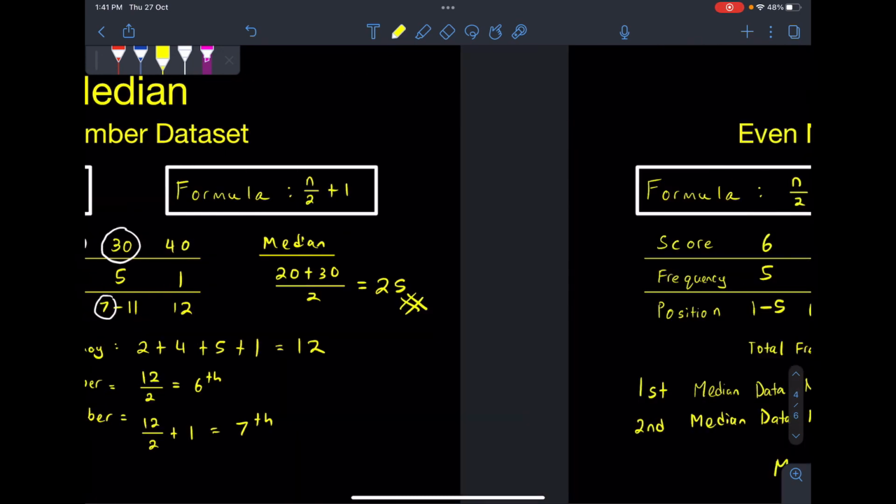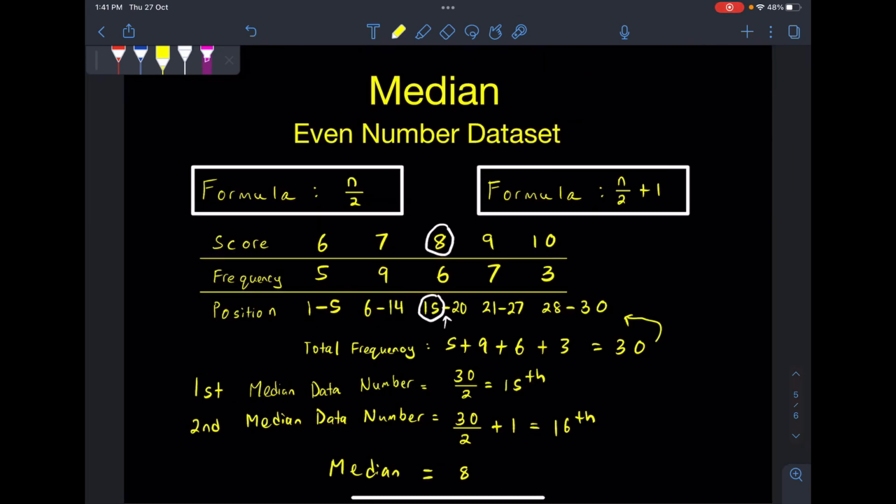But in our current question right now, the first median data number was 15 and the second median data number was 16. Can you see the position? 15 and 16 are in the same position, the same group basically. So we don't have to do anything here. Well, if you want, you can do 8 plus 8 divided by 2, but that's going to get you 8 as well. So there's no need to do that. You can just get your answer directly. So the median over here is 8.